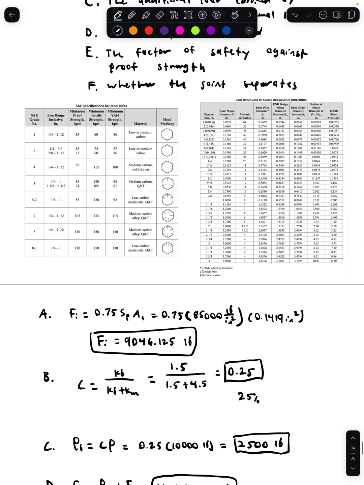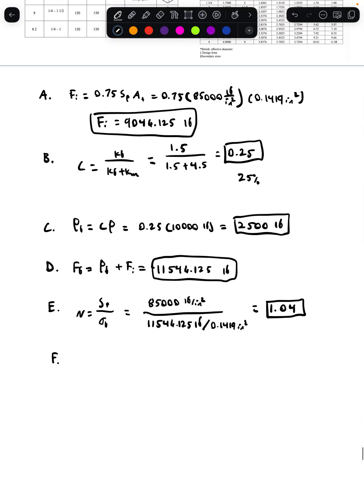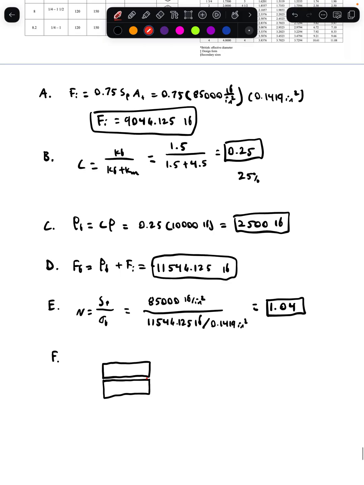Okay, and then for F, we're asked to determine whether the joint separates. So there's no equation for this in the handbook, so you got to kind of think it through. So let's just draw out what we got going on. So we have two steel members, and these are in contact. I just drew them separately just so it would be easier to tell that there are two of them.